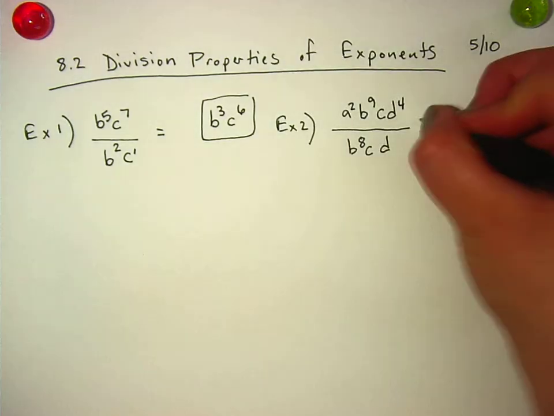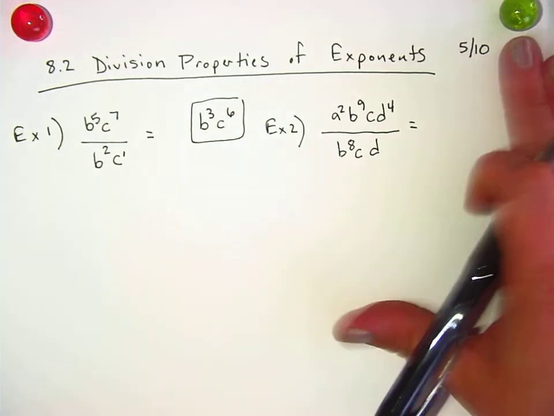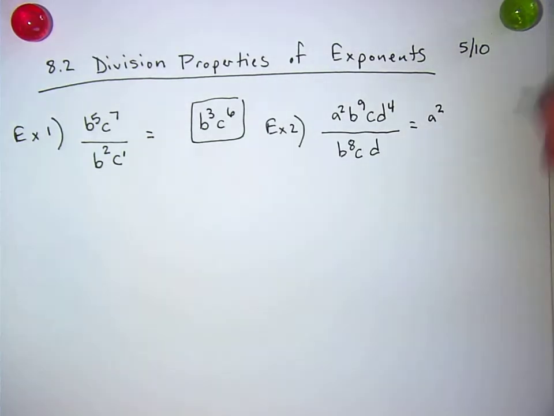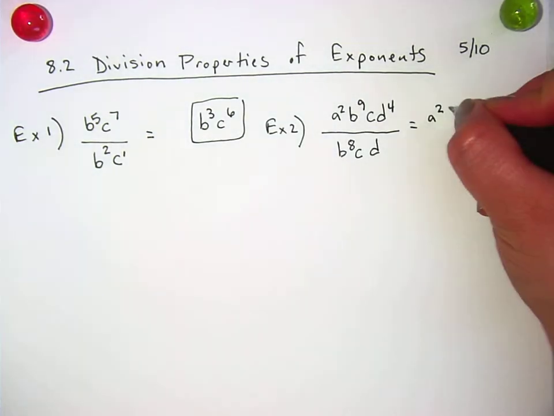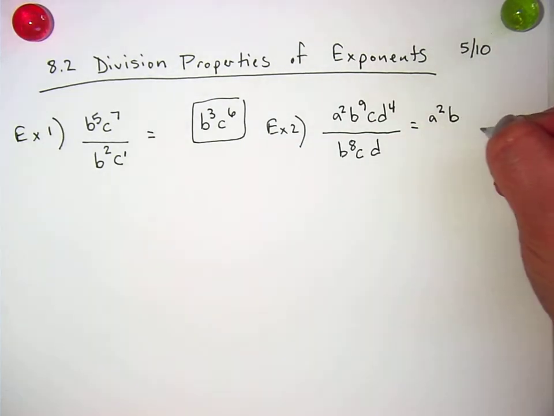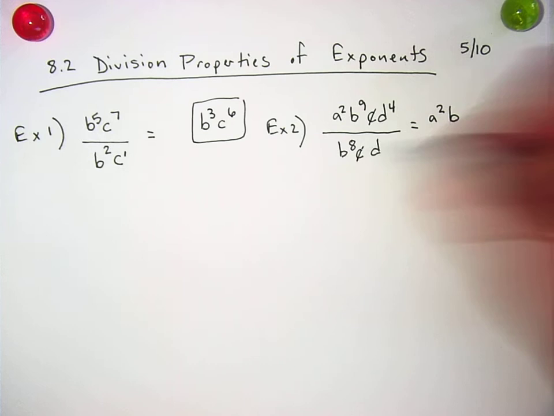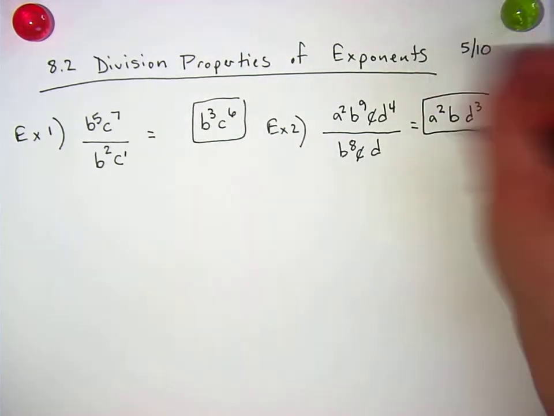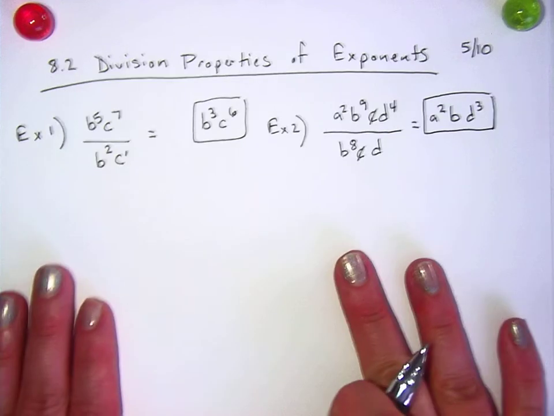So, since there's no a's on the bottom, it'd still be a squared. And then the b's, there'd be b to the first, and with c's cancel out, so there'd be no c at all. Yep. And then d to the third. Mm-hmm. Beautiful. Great job. Go get a prize.